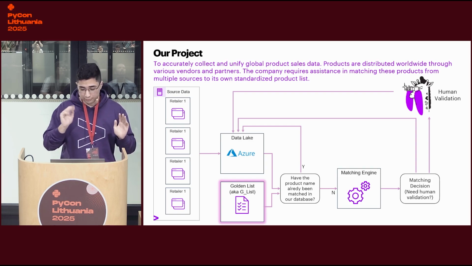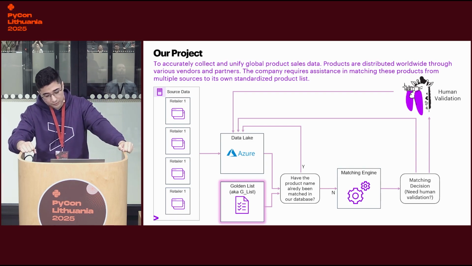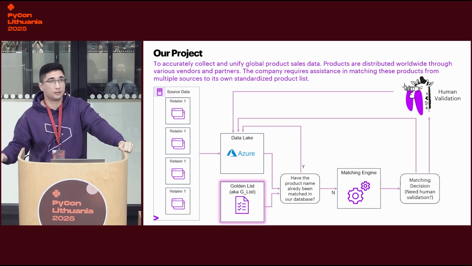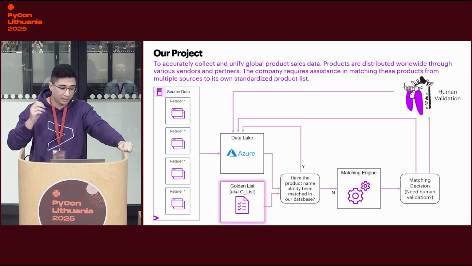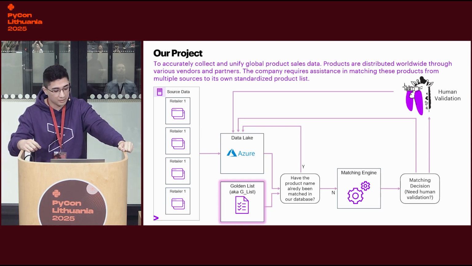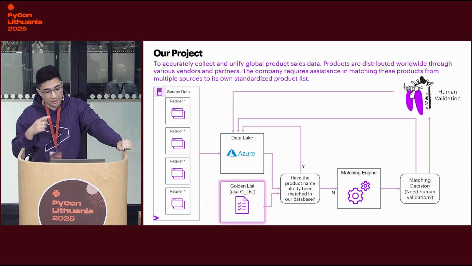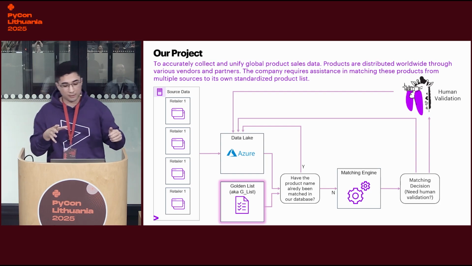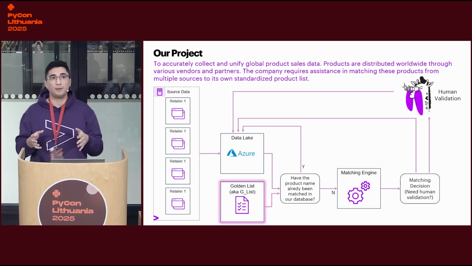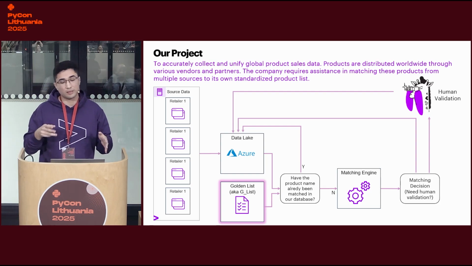So we of course needed to match and compare it. So when we get the data, we check, did we already compare it before? Yes, everything is fine, it's found in the data lake. If no, both parts, the source data and the golden list, pass through the matching engine, and there this black box decides whether it automatically matches it or marks it for human validation.